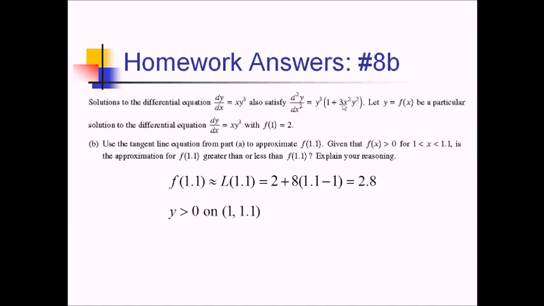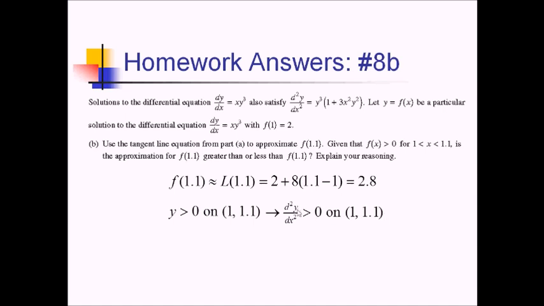Now, this x is being squared, so negative or positive, whatever x is, we're guaranteed to get a positive here. And over here, we are adding, which if you're starting with a positive and just adding, it's going to stay positive. So given that y is greater than 0, this thing has no choice but to be positive on the interval from 1 to 1.1.